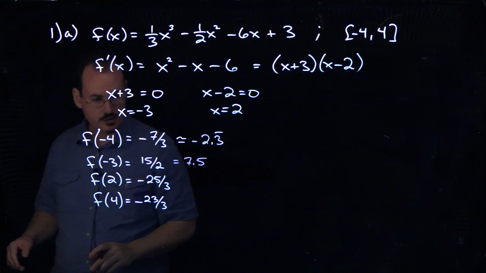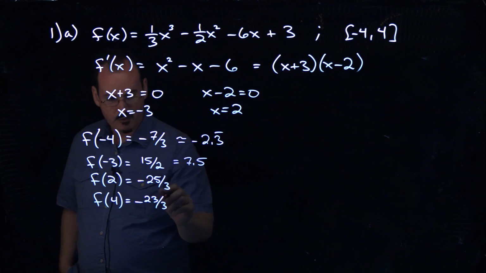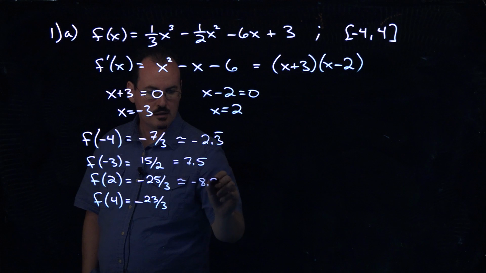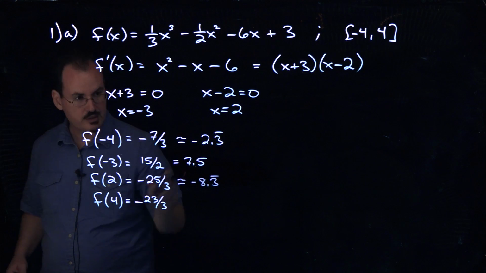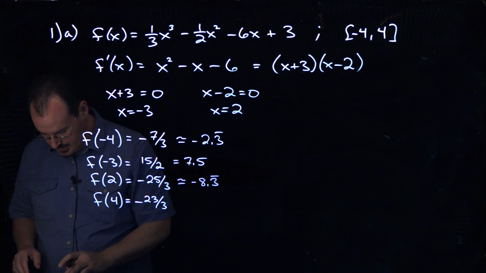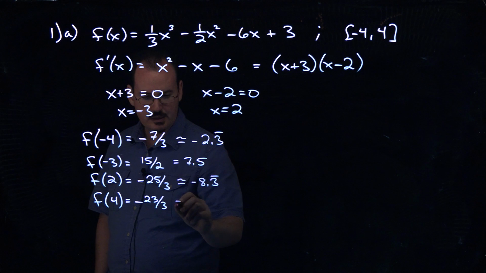Could have done that without a calculator. And then -25/3 gives -8.3, and the 3's are repeating there. I guess that's not approximate, that's exact. And then -23/3 gives -7.6, and the 6 is repeating.